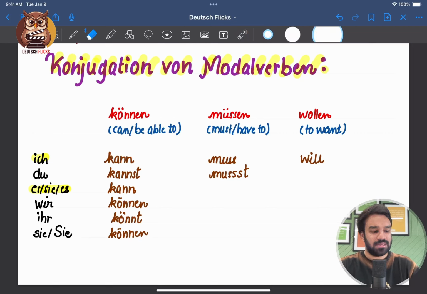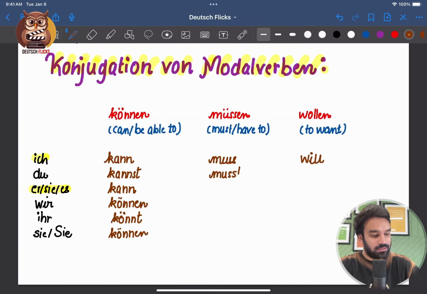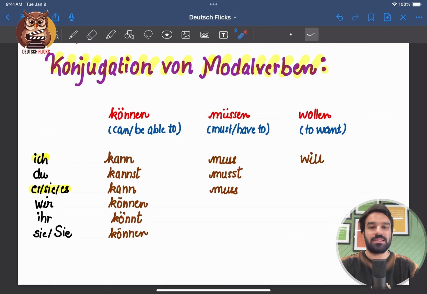Also, it doesn't make sense to have triple s in the spelling. So we'll drop the unnecessary s and simply say musst. Now with er, sie, es, it will be muss. Why? Because conjugation with ich and er, sie, es has to be the same.